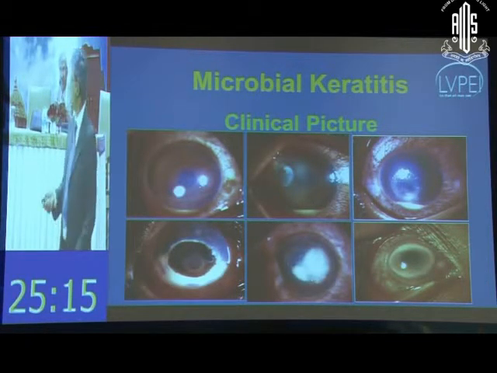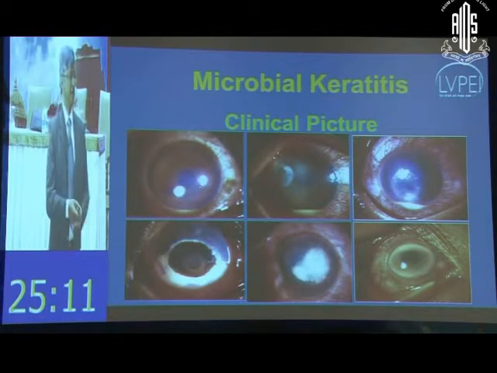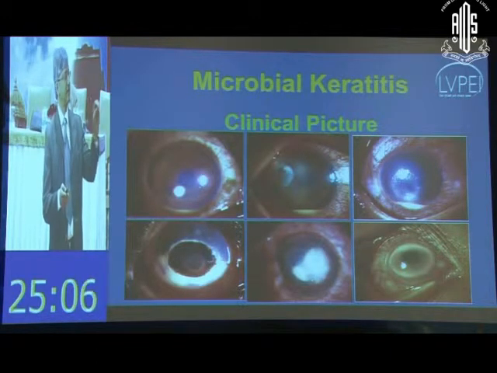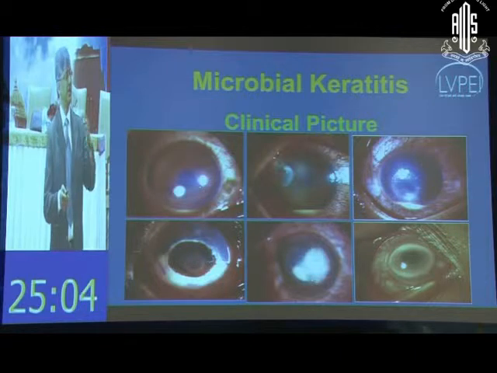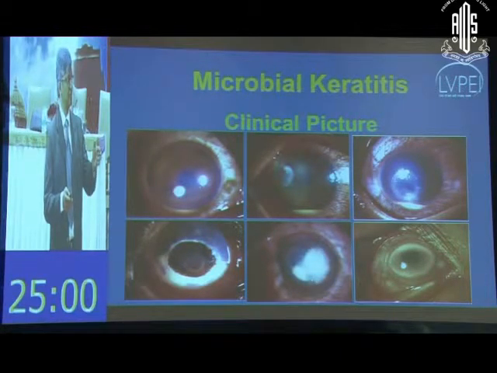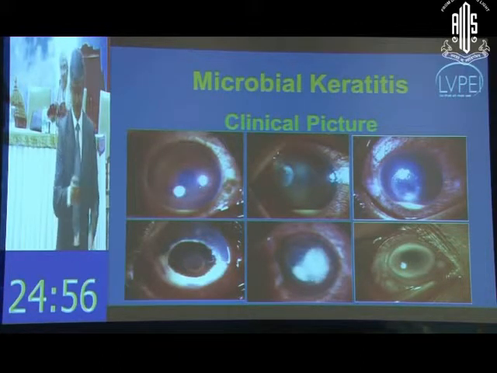And if you are dealing with a ring-shaped infiltrate, then Acanthamoeba will be your first differential. So these are the characteristic clinical signs that you can take into account after constructing a differential diagnosis list, in further narrowing down your diagnosis.